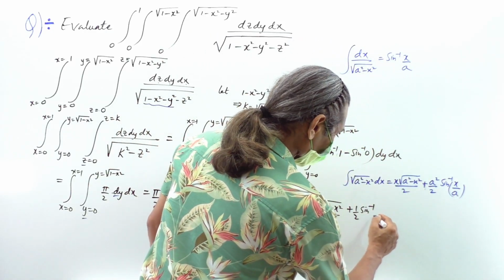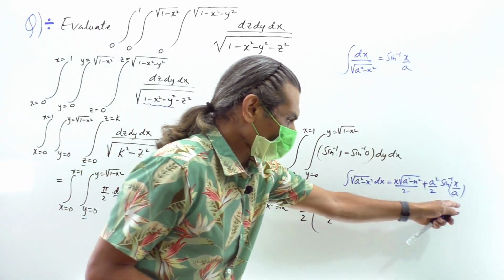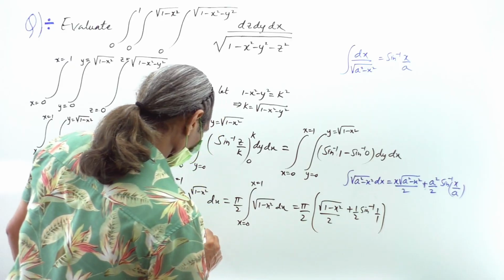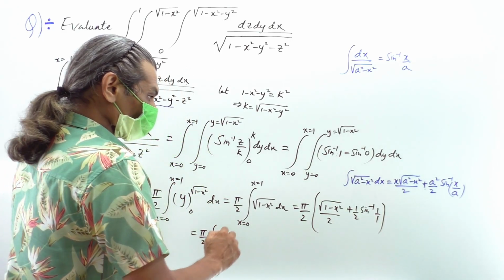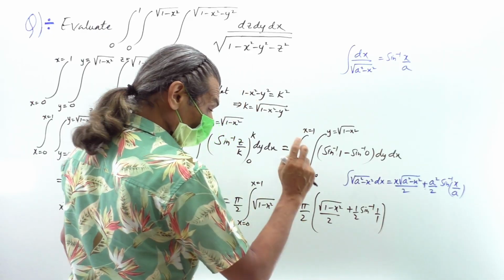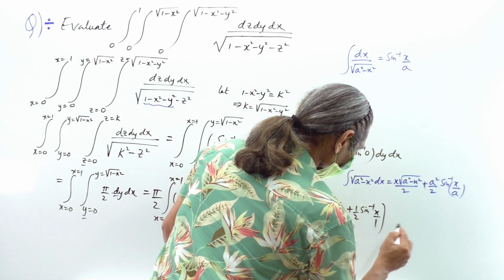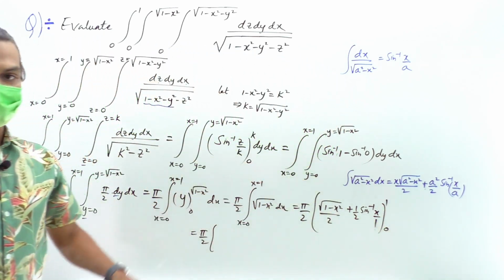Here x is 1 and a is also 1, so sin inverse x by 1. And the limits here are 0 to 1.